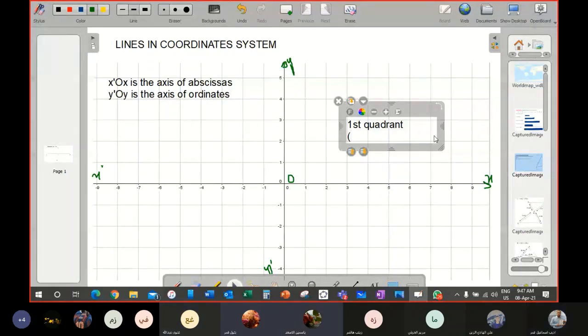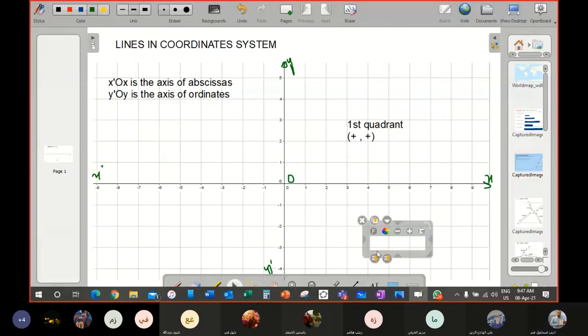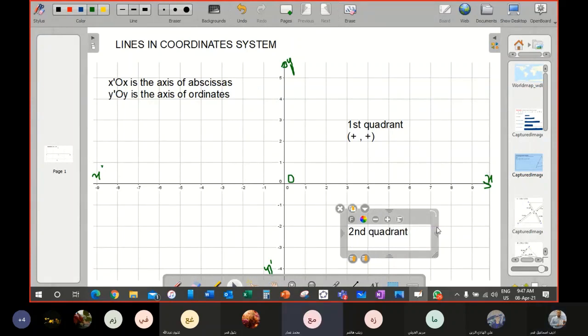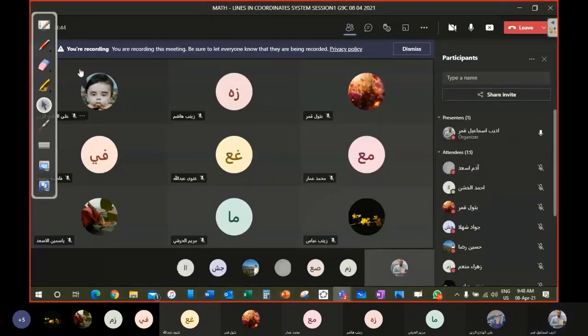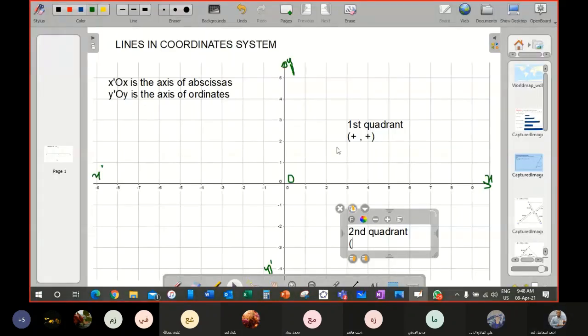Both the abscissa and the ordinates are positive. And this quadrant here is called the second quadrant.